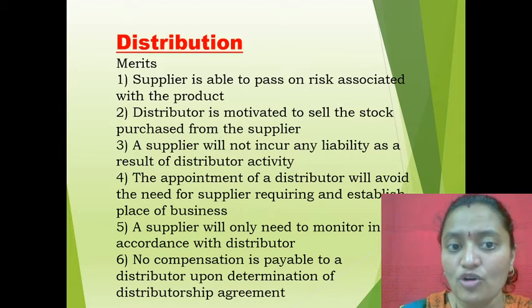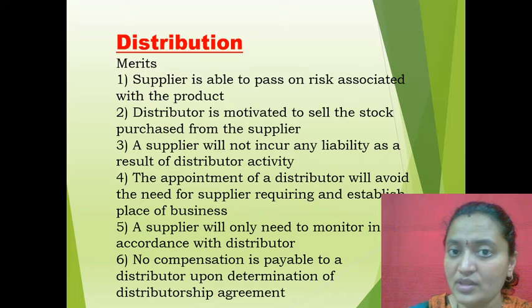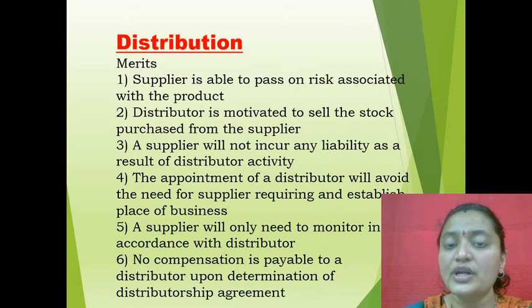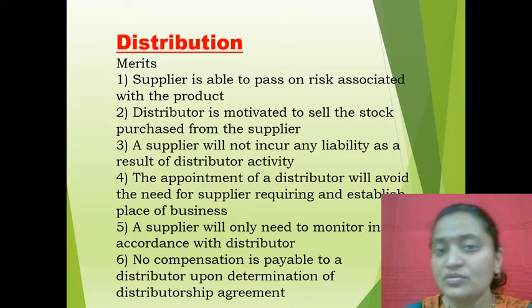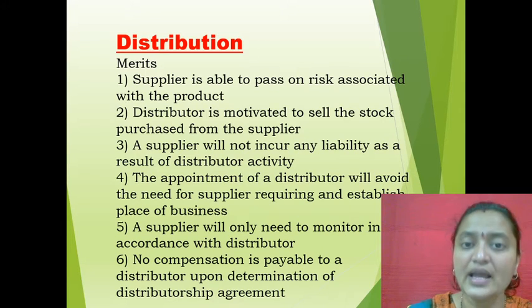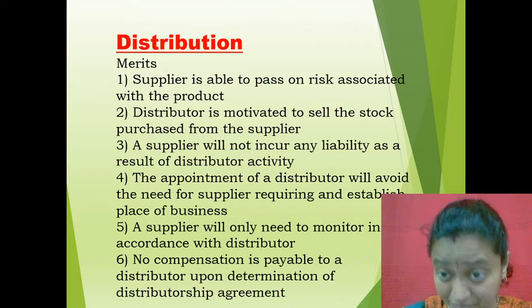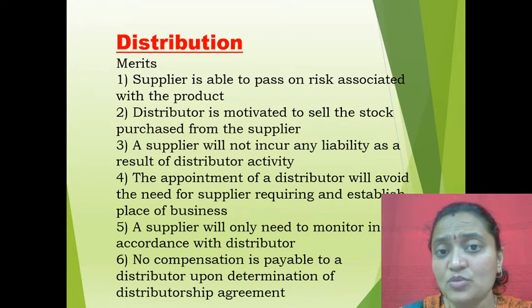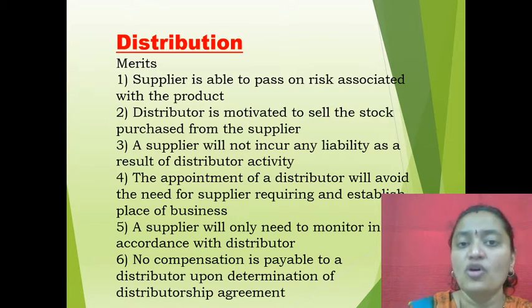The supplier is able to pass on the risk associated with the product, meaning whatever risk is involved. Like the example we took of a book center: if a customer purchases one book from a book center and afterwards comes to understand that the book is not in proper condition, it is a little damaged, some pages are missing, or there is a printing mistake.